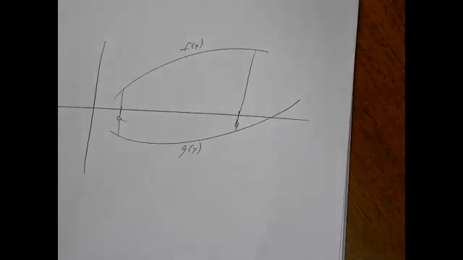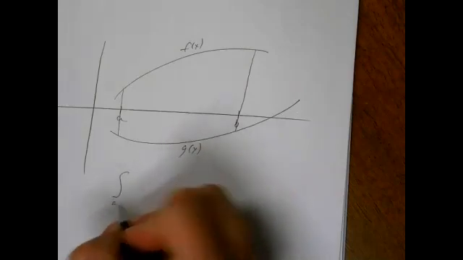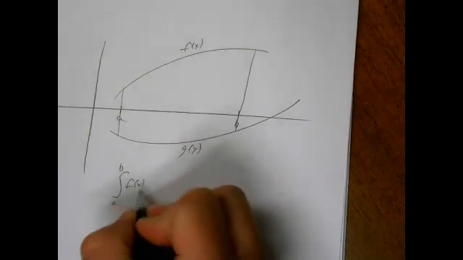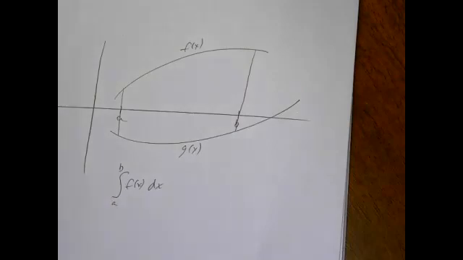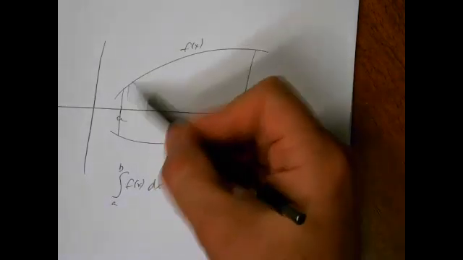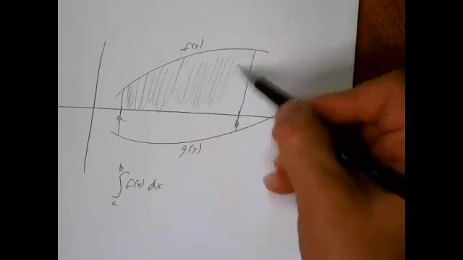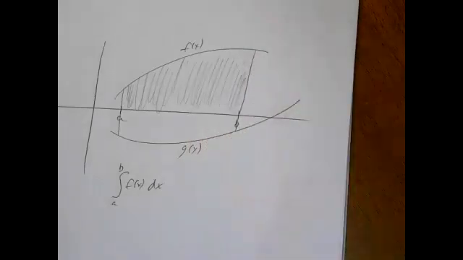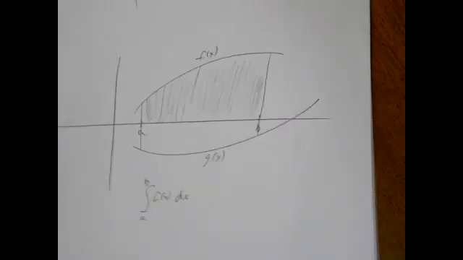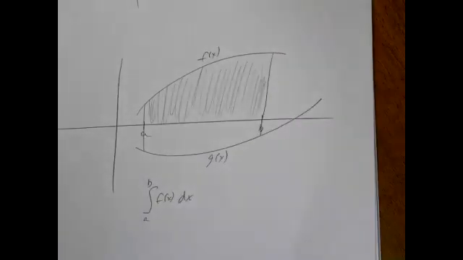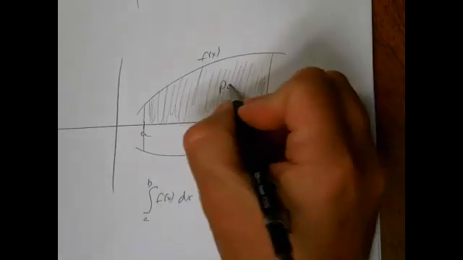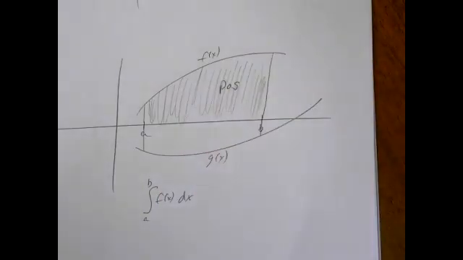Now, if you were to look separately at the integral from A to B of f of x dx, what you would get from that is this area here that is above the x-axis. Now, since that area is above the x-axis, the result of this would be a positive value. Area, remember, above the x-axis results in a positive outcome.